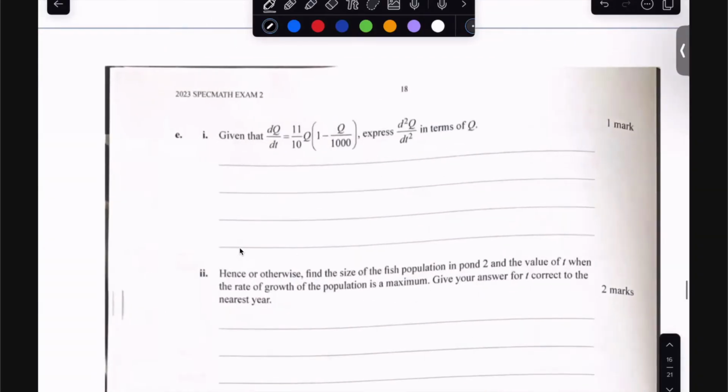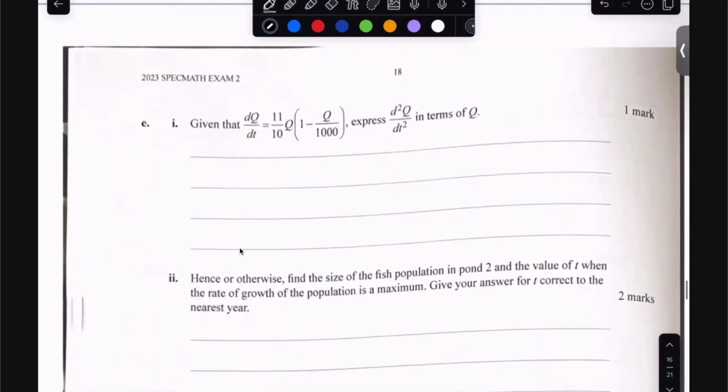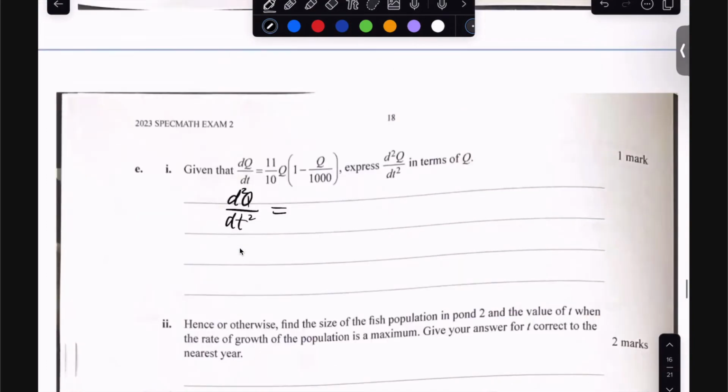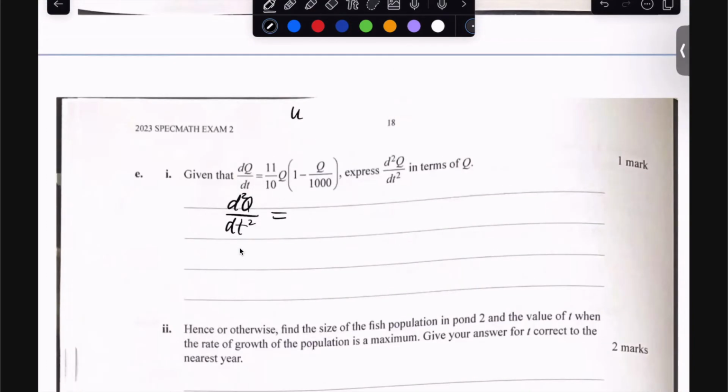Given that dQ over dt is equal to that, express d squared Q over dt squared, so the second derivative of Q. Now you can do u is 11 over 10 Q, then multiplied by dQ over dt times 1 minus Q on 1000.